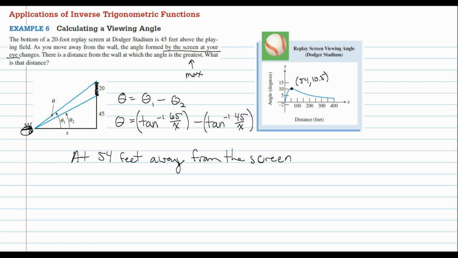At 54 feet away from the screen, the angle is at a maximum of 10.5 degrees. That was the y-coordinate, the output, theta, this angle that is made at the eye.